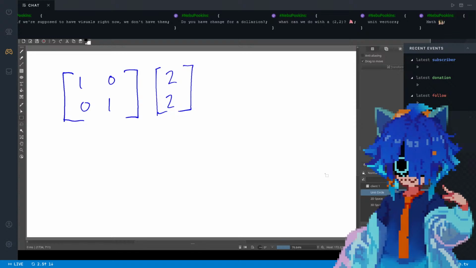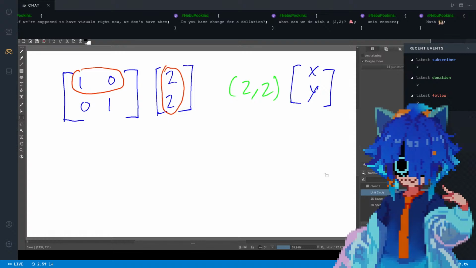Just remember that this is another way of writing 2, 2, like we've seen before. So we have x and y. And of course, these can get bigger. Well, what happens? We take a row and we multiply it by the vector, and that gets us the top of the vector. Then we take another row, multiply it by the vector, and that gets us another slot in a new vector.